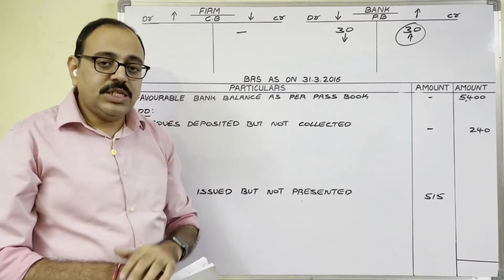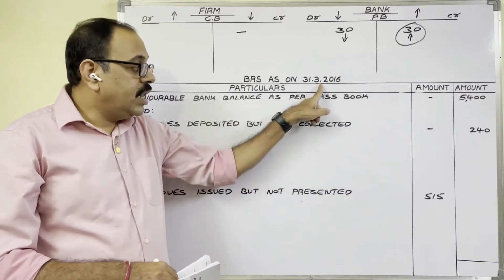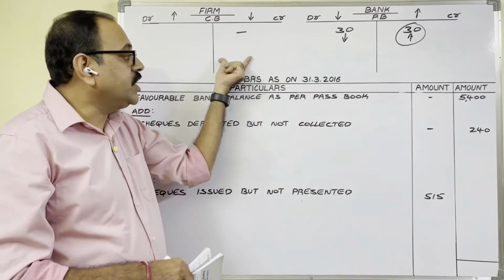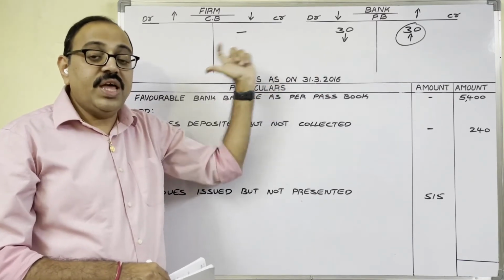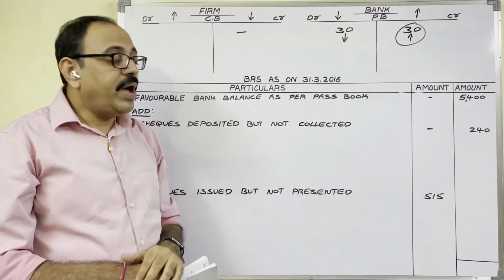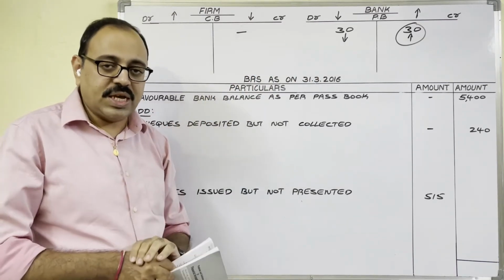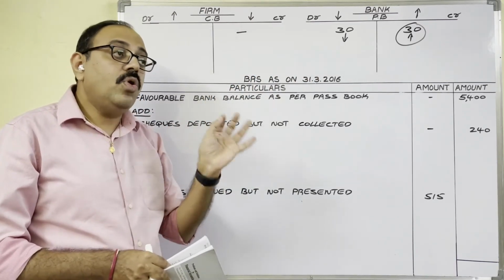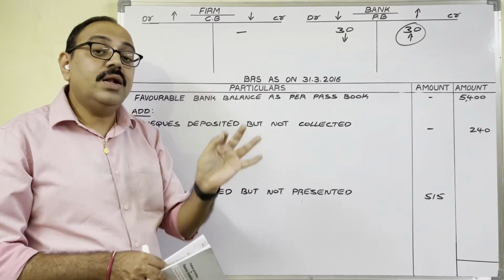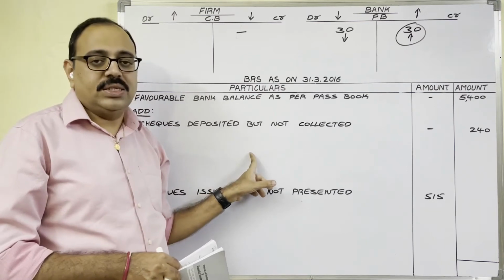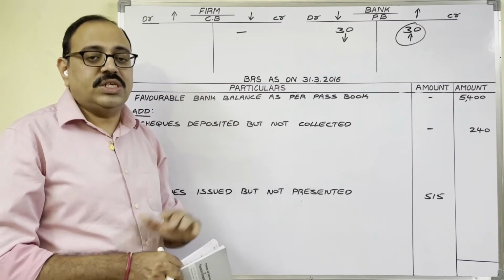So why is BRS prepared? On a particular day, when we compare the bank balances of cash book and passbook, if they are not the same, then by comparing these two books, we locate the reasons for this disagreement. Whether we have located all those reasons correctly or not, to know that only, we prepare BRS. So BRS is a cross check.